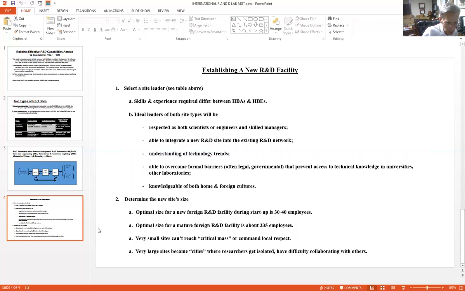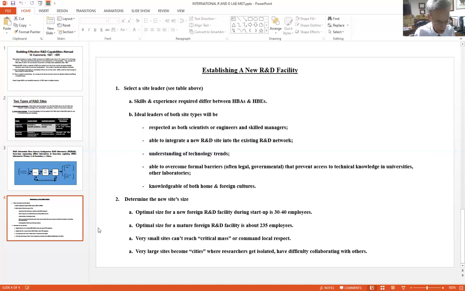Skills and experience will differ between the two types of laboratory. Nevertheless, both leaders will be respected for their abilities as scientists or engineers. They'll be able to integrate within their communities. They will know what the trends in technology are that they should be seeking to develop or to apply, and able to overcome barriers, organizational barriers or government barriers that prevent access to knowledge.